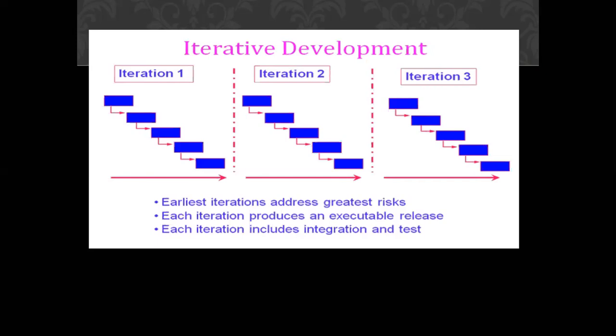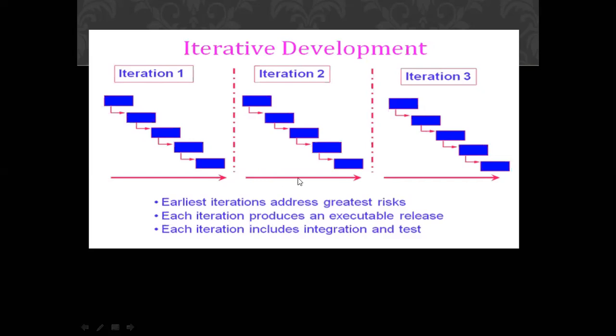In this iterative development, what happens with every iteration? In one iteration, all the phases, requirement analysis, designing, coding, testing, all the phases are performed, and then one functional product is delivered to the customer, on which feedback is taken from the customer side.